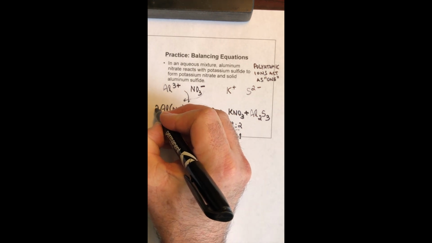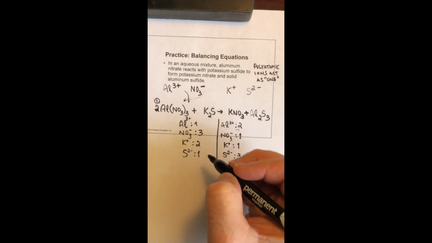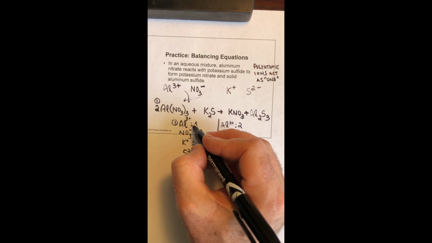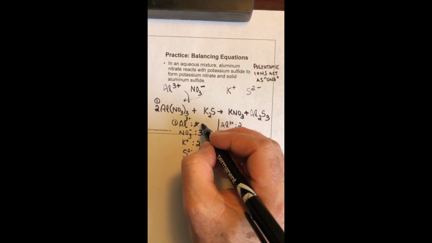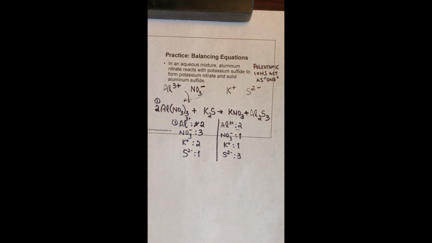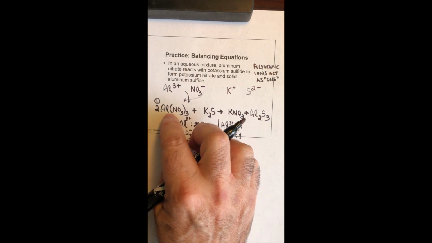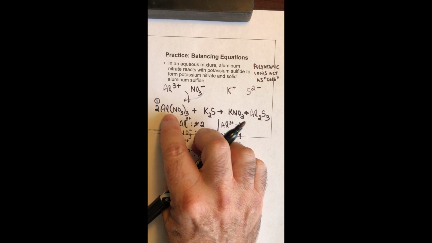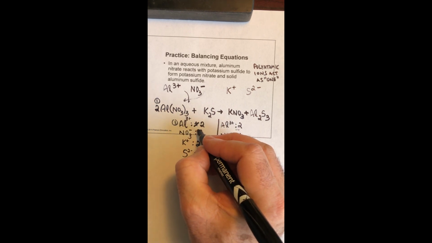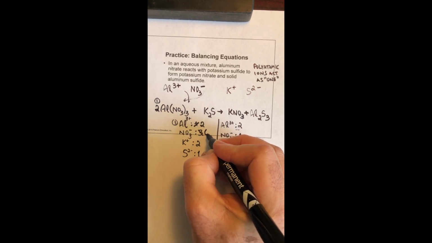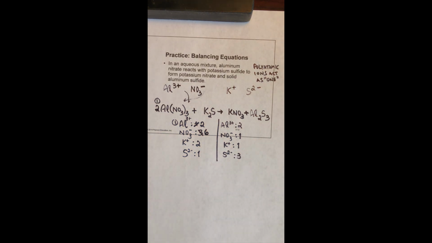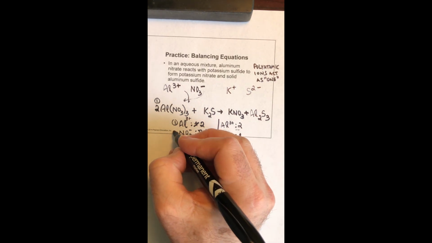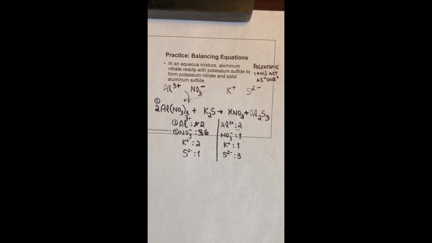So a single coefficient of 2 here is going to change my aluminum here into 2, and that'll work. But notice that in doing that, I also changed the nitrates to 2 times 3, so I change it to 6, and that was as a consequence of step number 1.